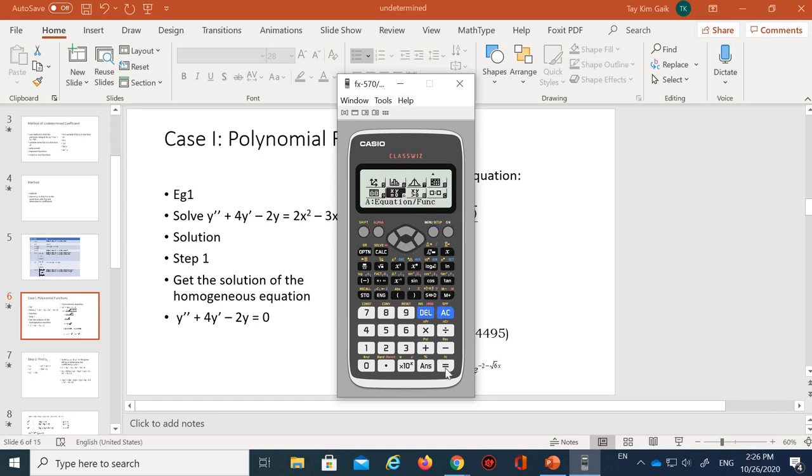Okay, and then for polynomial, you can solve up to degree 4, 1 order higher than the ES model. Now you want to solve the quadratic, which is polynomial of degree 2, type 2. Then you just key in the coefficients for the characteristic equation, which is m squared plus 4m minus 2.